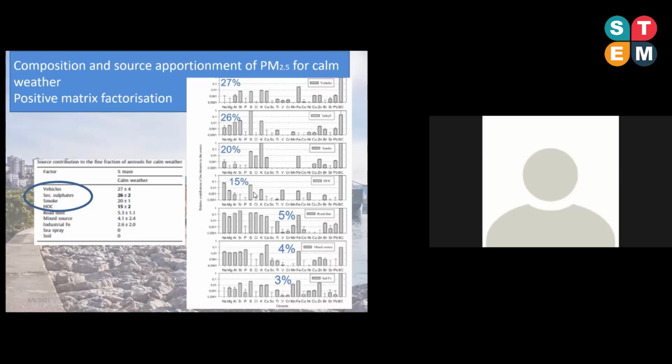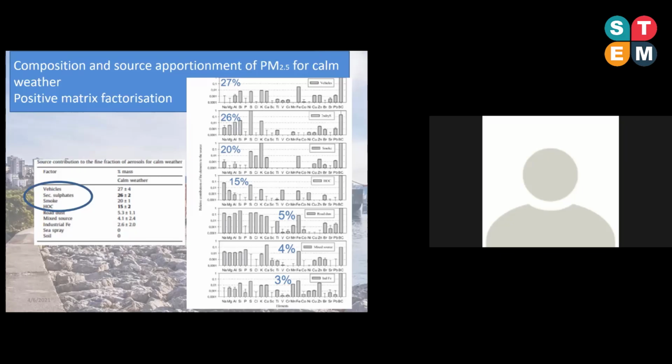Factor 4, heavy oil combustion. This factor is mainly composed of black carbon, sulfur, and sodium with traces of potassium, vanadium, and nickel. It is interesting that the average vanadium to nickel ratio is found to be 2.73, which is indicative of heavy oil combustion.